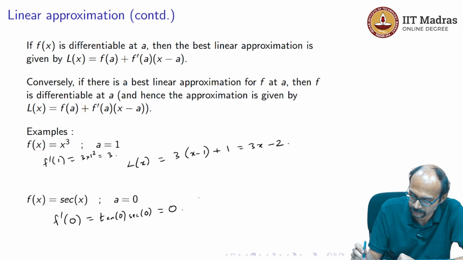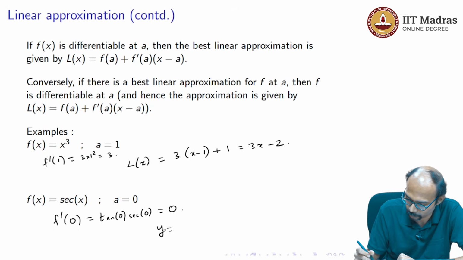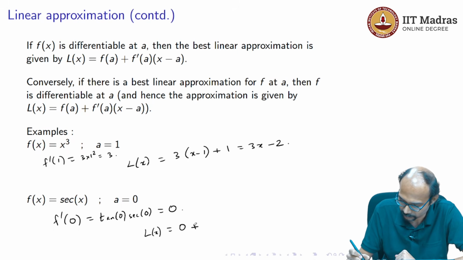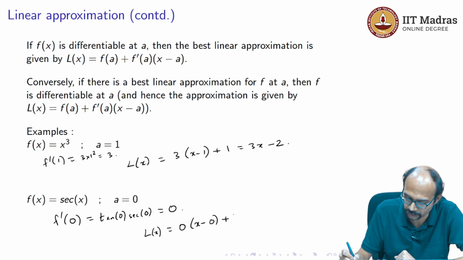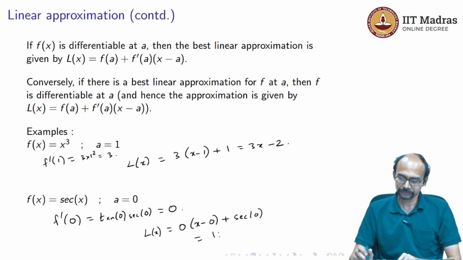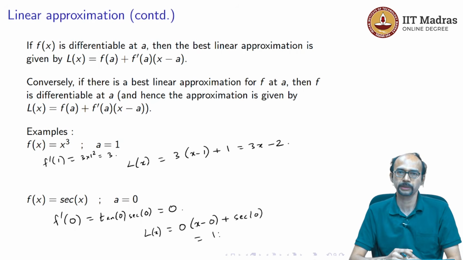So, this is 0, and that tells us that L of x, the best linear approximation, is 0 times x minus 0 plus f of 0. And what is secant of 0? Secant of 0 is 1. So, at 0 the best linear approximation is the constant function 1.